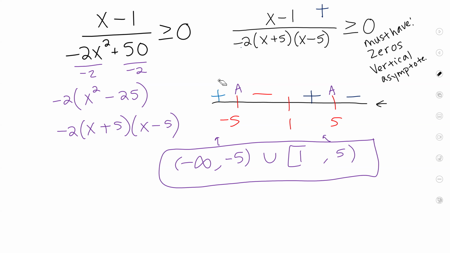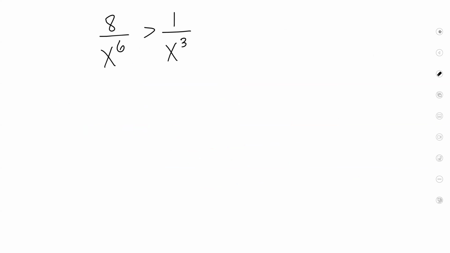Okay, next one. I'm showing you all the different scenarios you'll come across. So first, let's put them all on the same side. I'm going to move this to the other side, and that's going to give me 8 over x to the power of 6 minus 1 over x to the power of 3 is greater than 0.